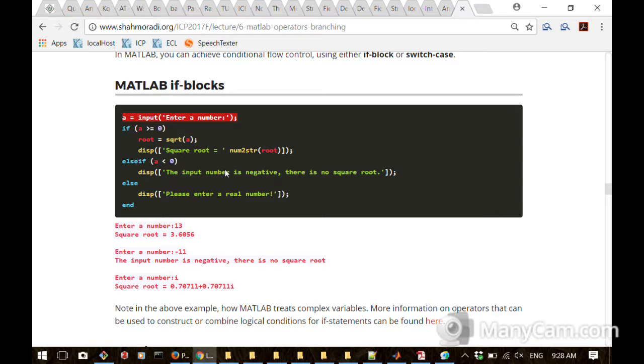You have to write a script for this, by the way. You could probably write it in the command line, but it's not that easy. So I'll create a script file for this one.